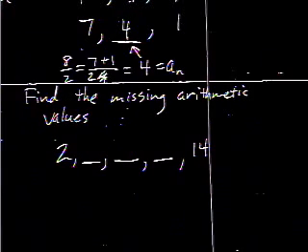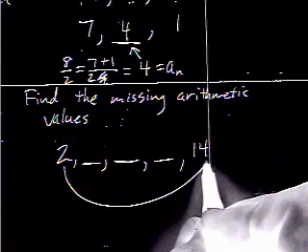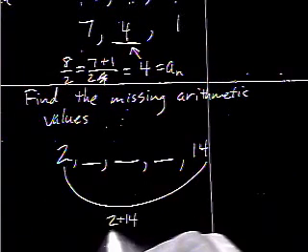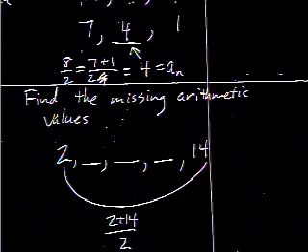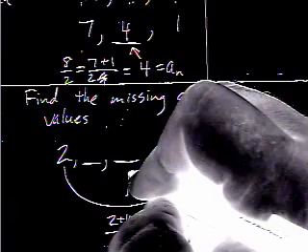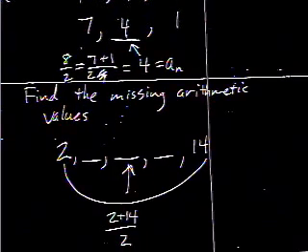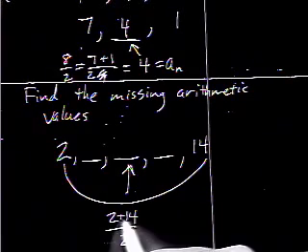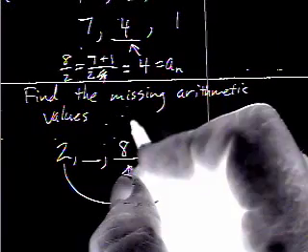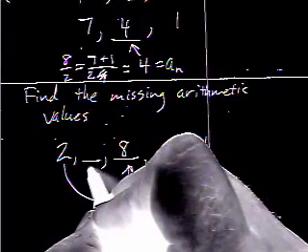Well, what if I had 5 numbers total and 3 of them in the middle were missing? Well, we could take the 2 and the 14 and we could average those together. Which one would that give me? Yes, that would give me the one in the middle. So 16 over 2 is 8. So how am I going to find this one?